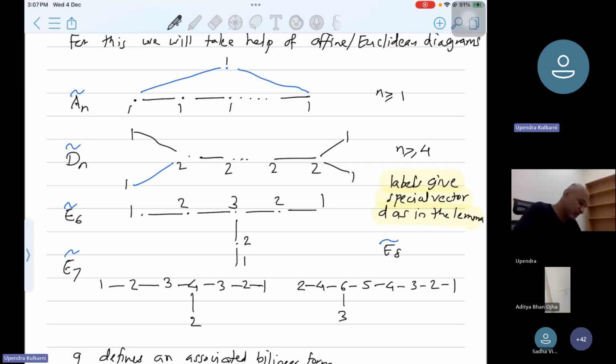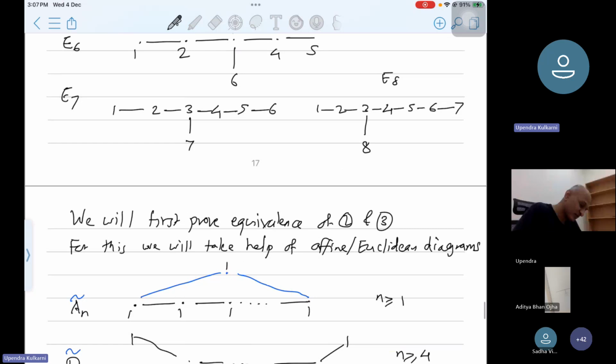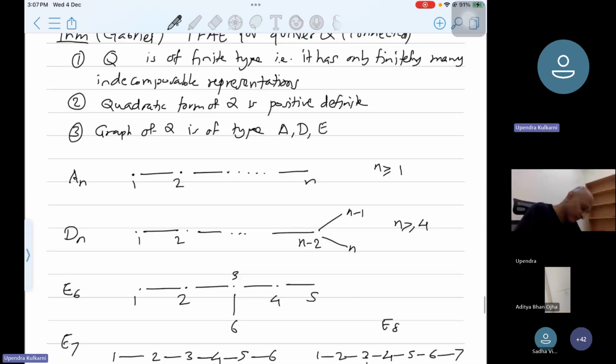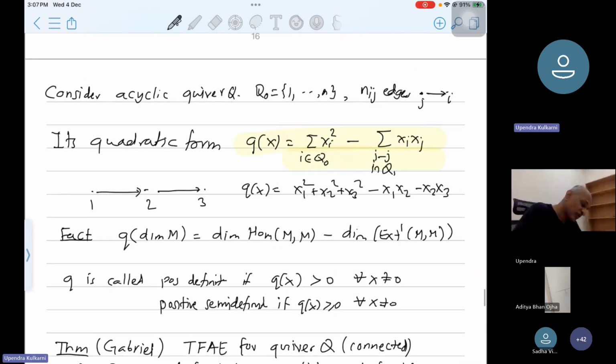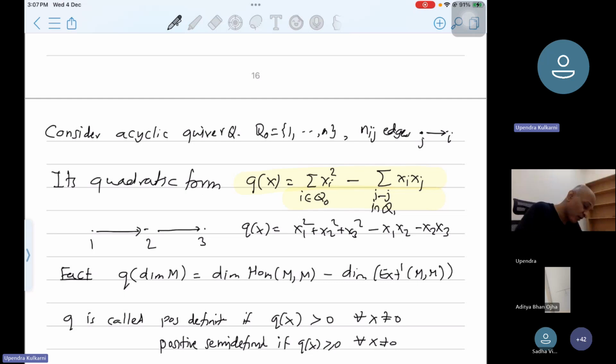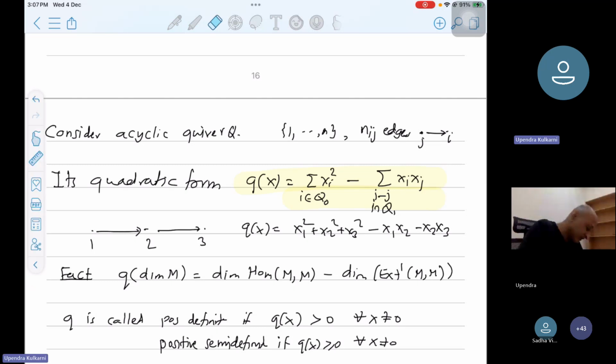So let's just recall what we have. So where is that quadratic form? Remember, I defined a quadratic form on an n dimensional lattice, if you will. This has n vertices.